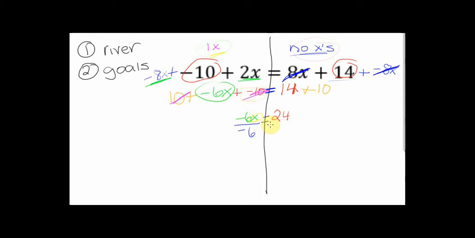And whatever you do to one side of the equation, you must do to the other. Cancel, cancel, carry down the x, or the 1x. Negative 4. The value of x that makes this expression equal to this expression is going to be negative 4.